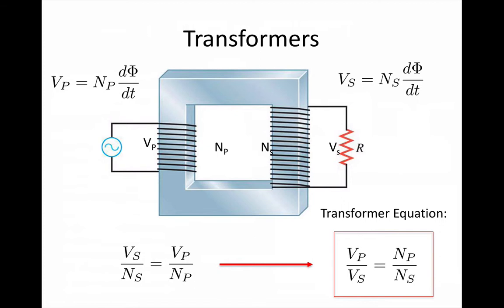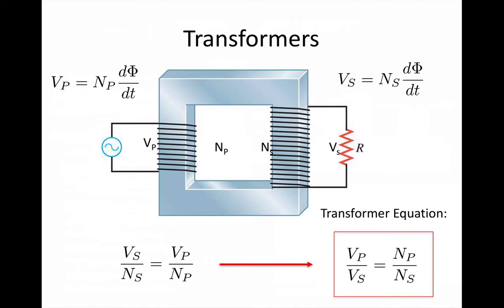So we can analyze it like this. According to Faraday's law, the supply voltage induces a changing magnetic flux phi in the iron core. We assume that the flux induced from the primary is the same as the flux through the secondary coil.